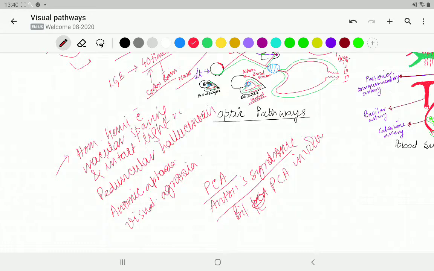I've seen patients with Anton syndrome where they have cortical blindness. They are essentially blind, but they are unaware that they are blind. So they might appear confused. The other interesting thing, sometimes if one side of the PCA is involved, transiently it might behave like Anton syndrome.